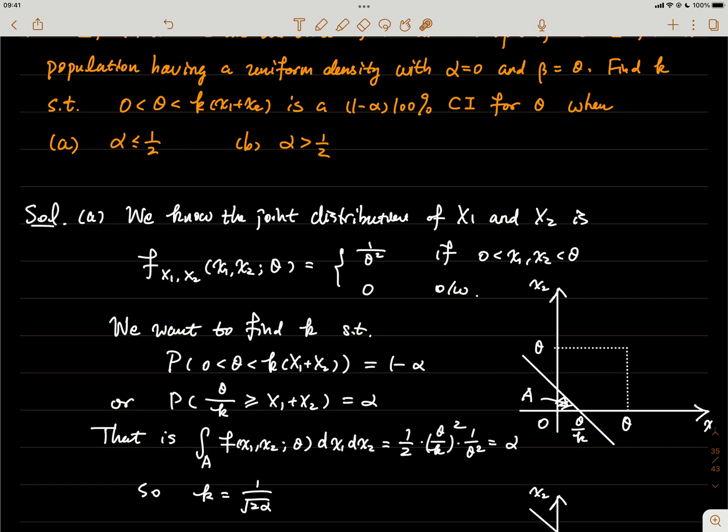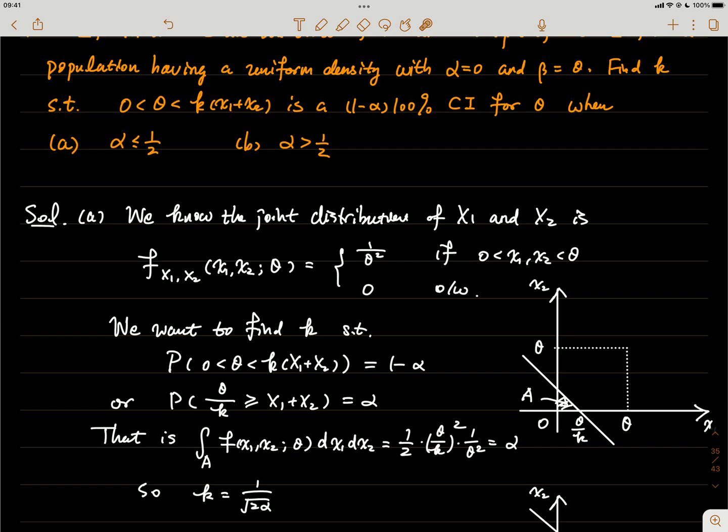So we take the integral of the PDF over this triangle region, which I denote as A. Remember that this PDF is a constant here, so the integral over A is just this constant times the area of A. The line x1 plus x2 equal to theta over k intersects the axes at these two points, so the area of this triangle is half times the square of theta over k.